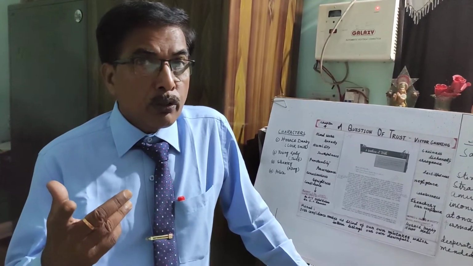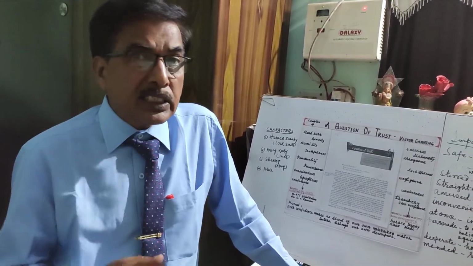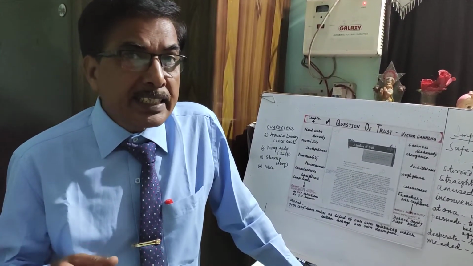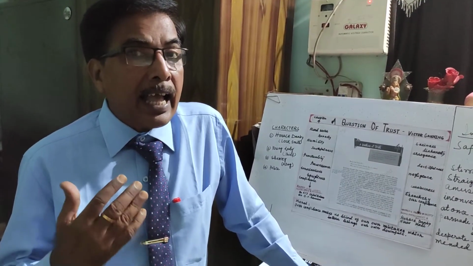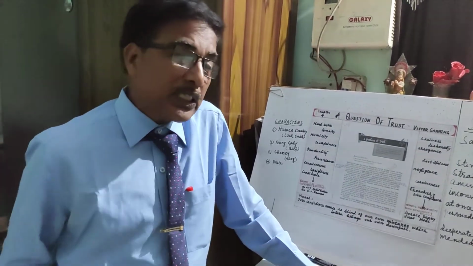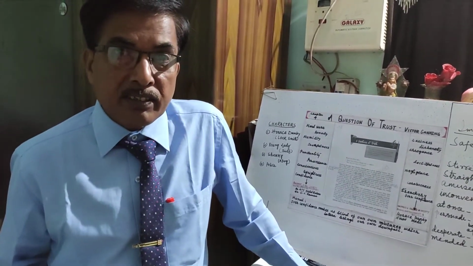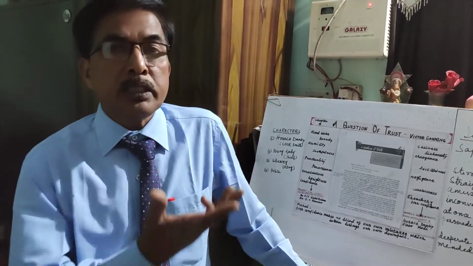So, Horace Denby wanted to convince that lady that, "Ma'am, don't think that I am a regular thief whose profession is stealing. I am not that kind of person. So, please allow me to go."